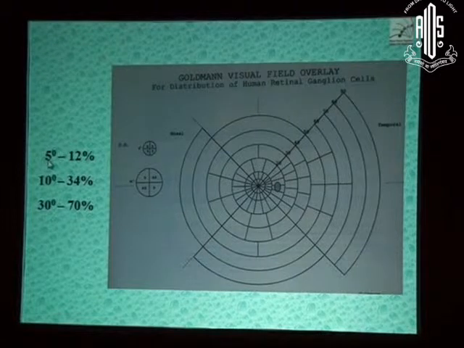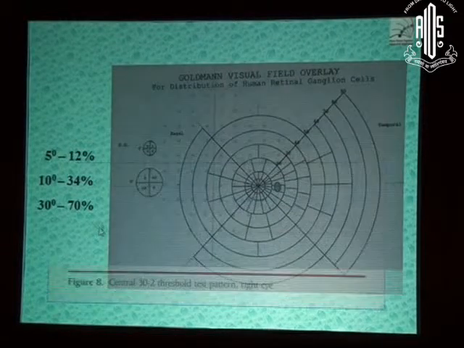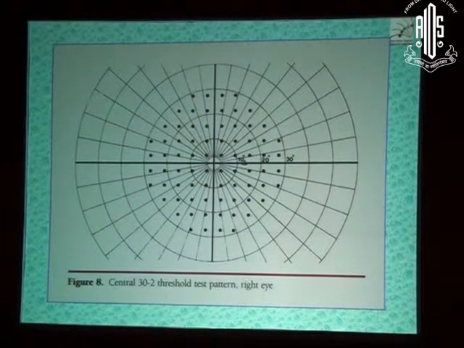Within 5 degrees there are 12% ganglion cells, within 10 degrees 34%, and within 30 degrees 70%. In the glaucomatous field, very rarely can we find a defect only beyond 30 degrees but not inside. So we concentrate more on the central 30-2 or central 30 degrees.